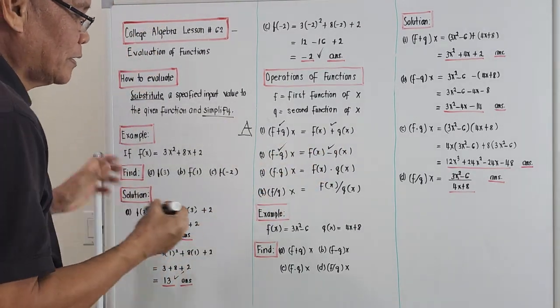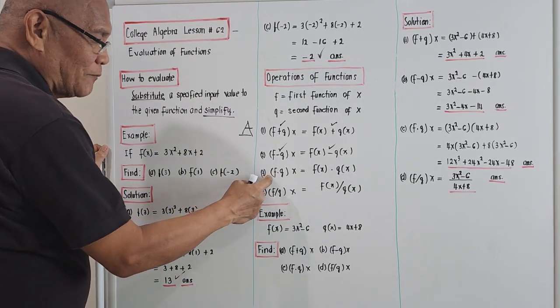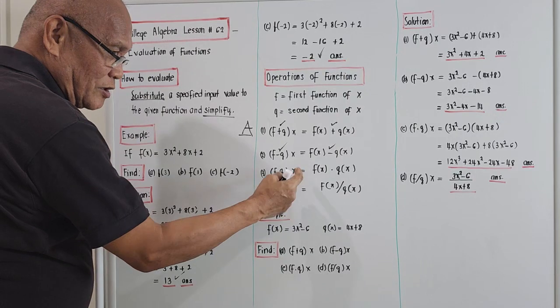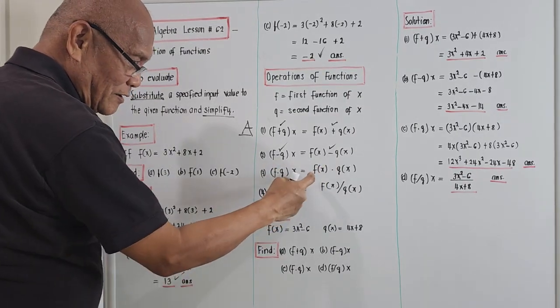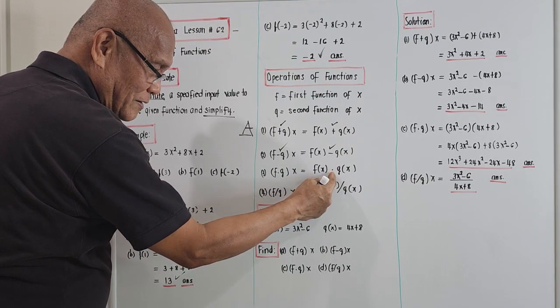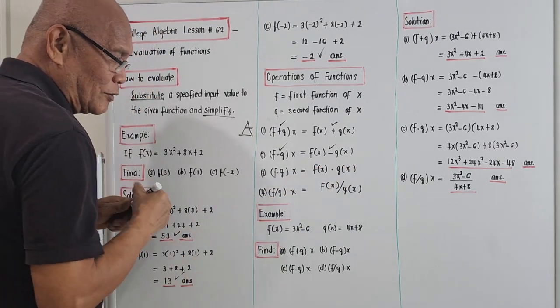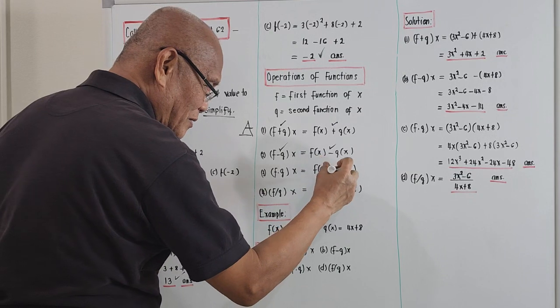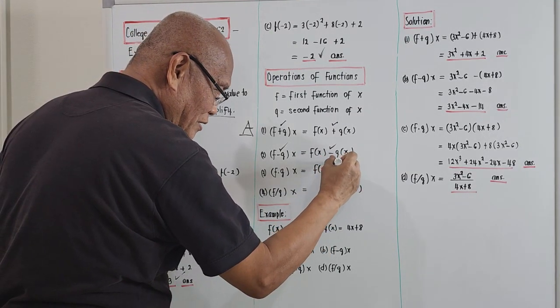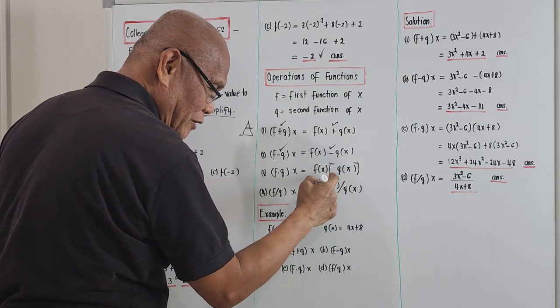Third one, function f multiplied by function g of x. This could be simplified as simply that given function of x multiplied by, with a dot, g of x. If you don't want to use the dot, since there is a quantity here, for us to designate the operation multiplication, we will use a bracket.